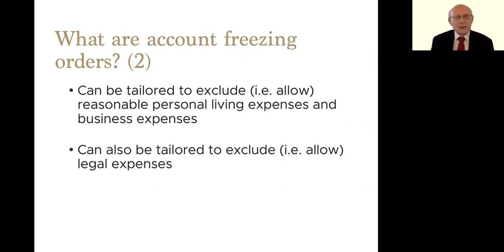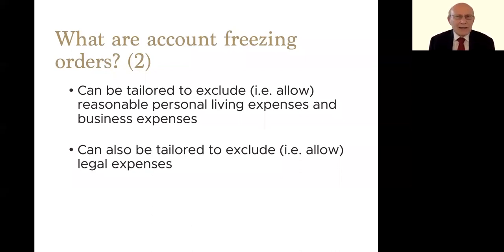If you're in a situation where somebody has multiple bank accounts and just one of them is being frozen and he's got other sources of funds and so on, then of course you're not likely to get that exclusion because the magistrates will simply say, well, he can use the money out of the other accounts to pay his legal expenses, to pay his living expenses, to run his business.